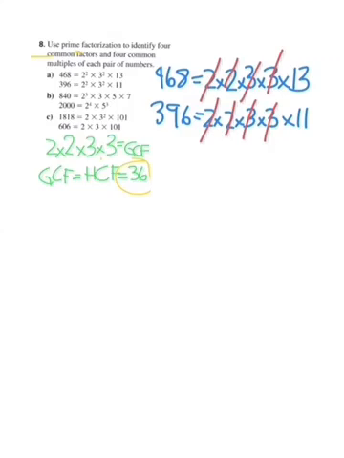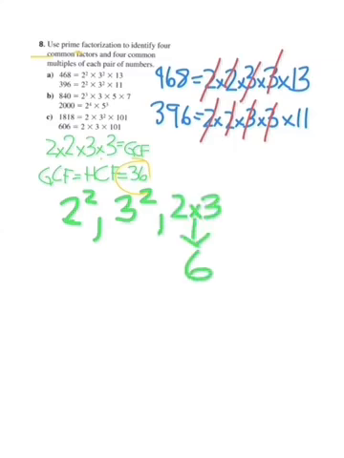So 6 is another factor that they have in common. So you already have the GCF, which is 36, but you can say that 2 to the power of 2 is another factor they have in common, or 3 to the power of 2, or 2 times 3, which is 6, is another factor they have in common.